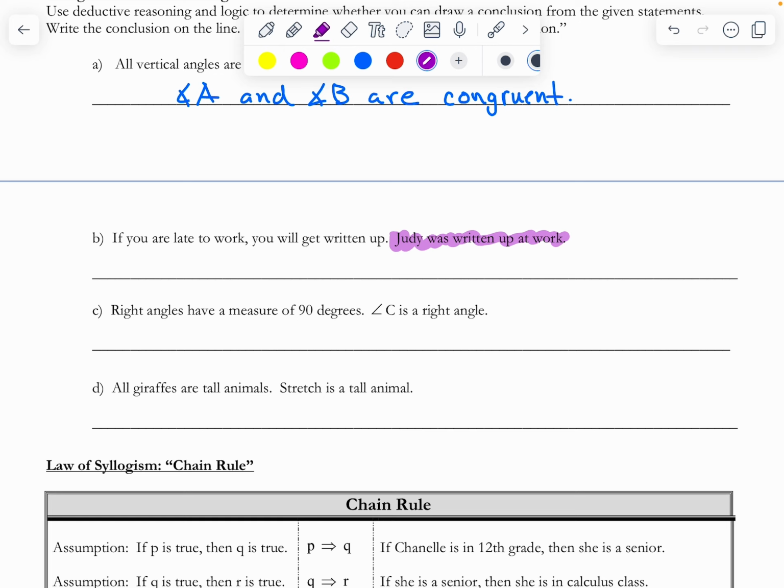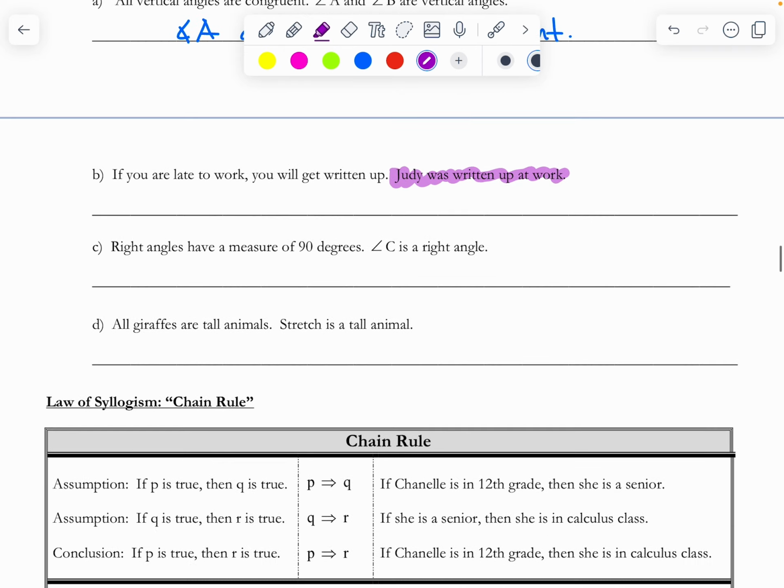If we're late, if we're absent, if we swear too much, or if we do something dumb during class or outside of class, we can be written up for things. So here, we can't just assume that she was written up because she was late. So here, this would be a no conclusion. There are many reasons for why we get written up. So here, we're just going to say no conclusion.